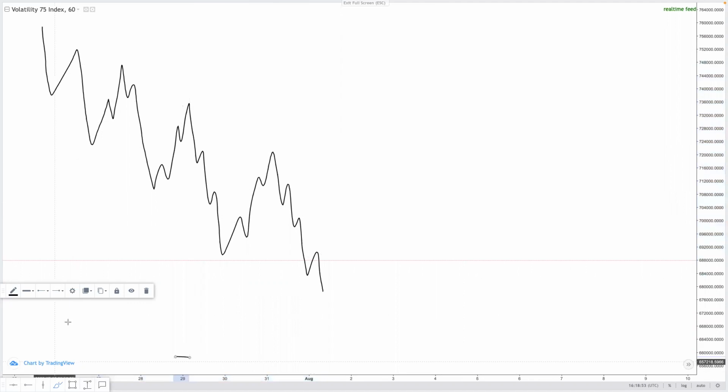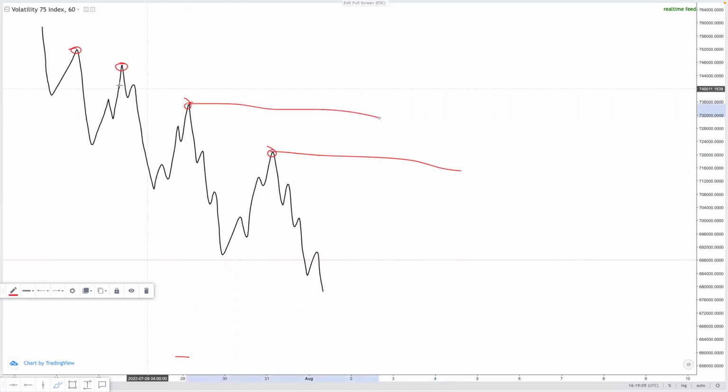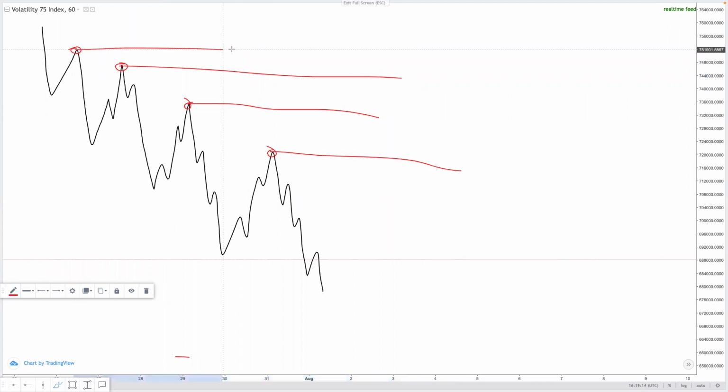So if we start marking them right here, we would say that this is a structure retest, this is a structure retest, structure retest, structure retest. So price has a high possibility to come and respect any of these structure retests for a continuation of a downtrend, since we have a downtrend right here.